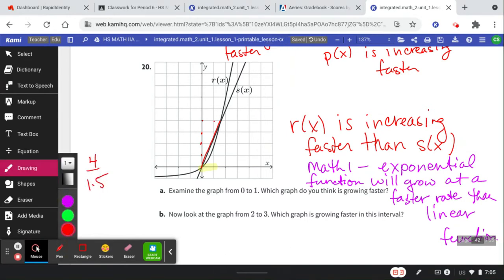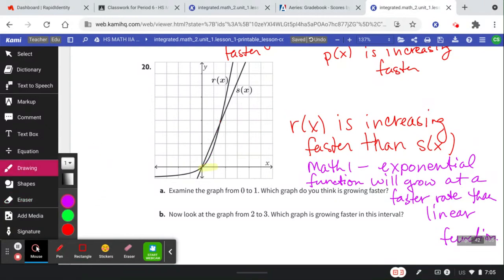And then if I look at the little section here, it's only up to here. Hang on a second. I counted too far.